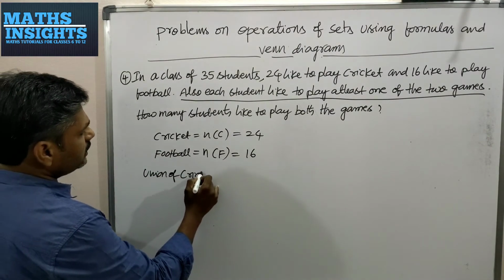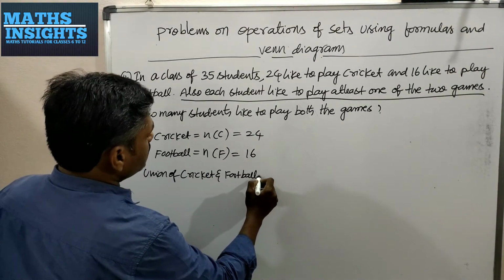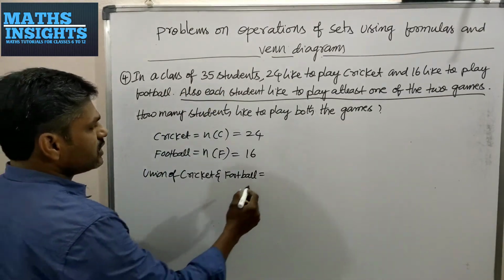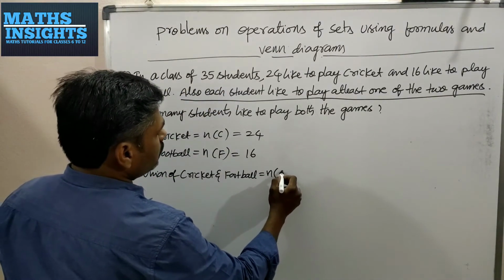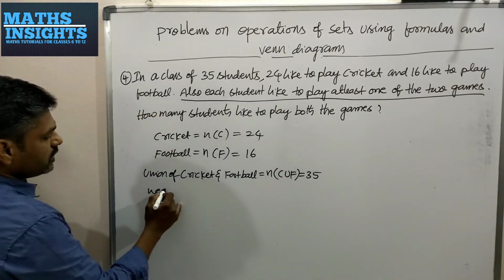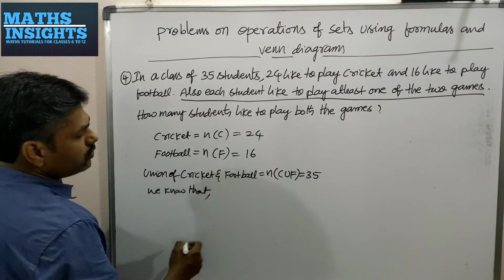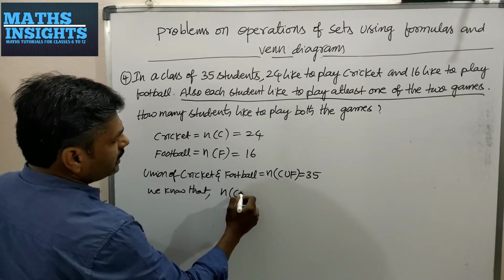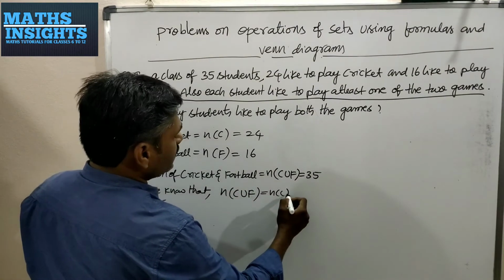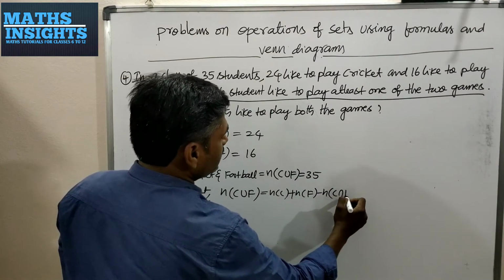Then you have to find how many students like to play both, and also the union of cricket and football, that means the students who are in the class. In a class of 35 students, therefore number of C union F equals 35. And we know the formula: number of cricket union football equals number of cricket plus number of football minus number of cricket intersection football.